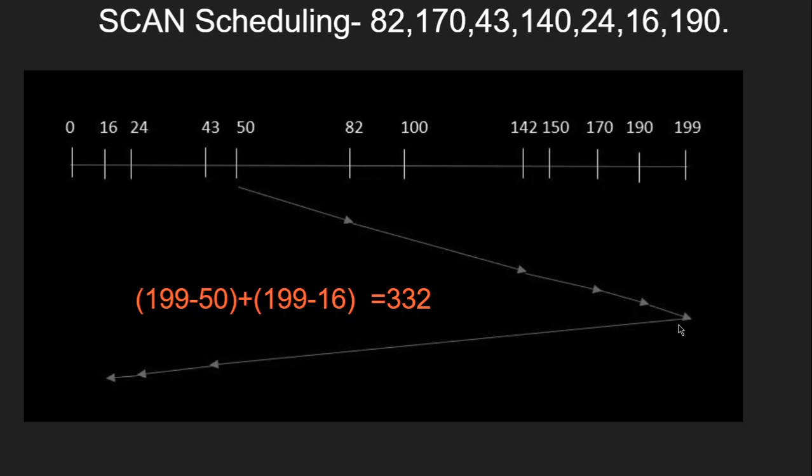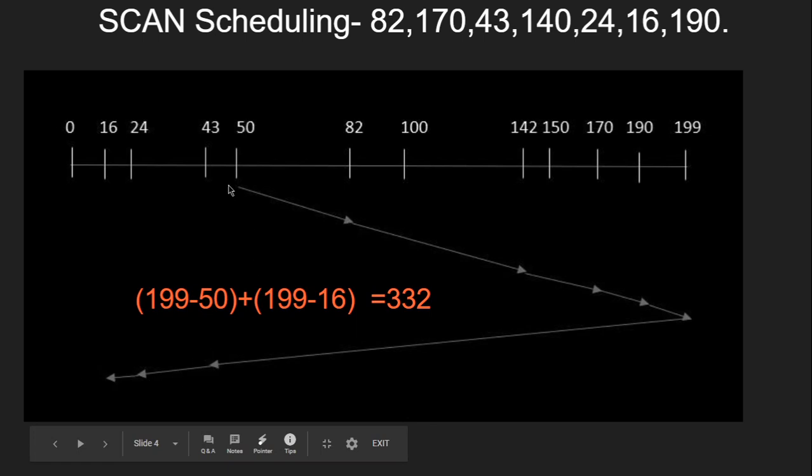So make a point over here: the scan goes to the maximum end, because we have 0 to 199 cylinders, it will go to the highest, which is 199. Though the value here is only 190, because it is a scan algorithm, it will touch the end, then come back from that value to the previous positions, the lower values, which are 43, then 24 and 16.